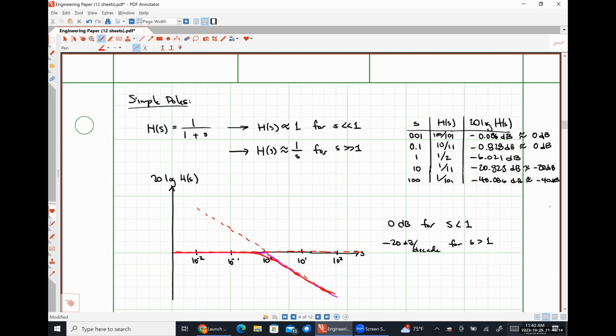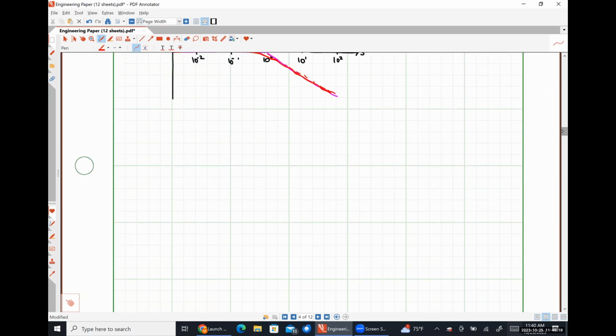Let's talk phase angle. So if I have H of s is equal to 1 over 1 plus s, that is going to be 1 over 1 plus j omega at steady state. And this gives me a ratio of rectangular form complex numbers, and I don't like that, so I just want a rectangular form complex number.